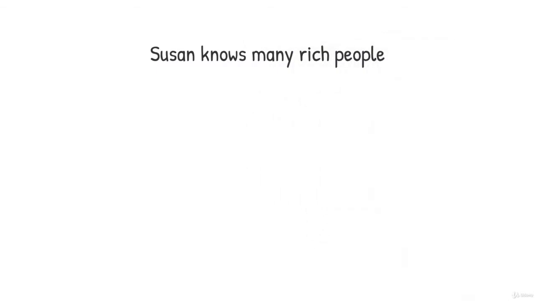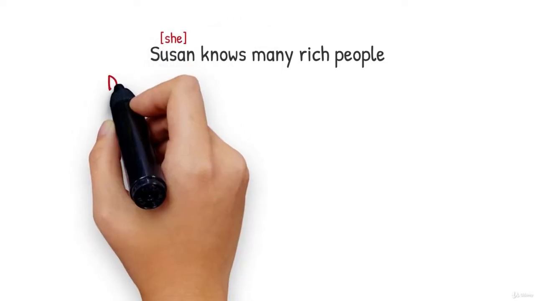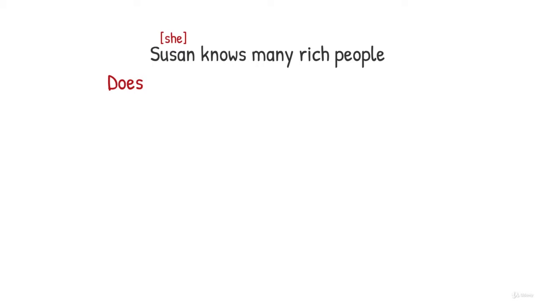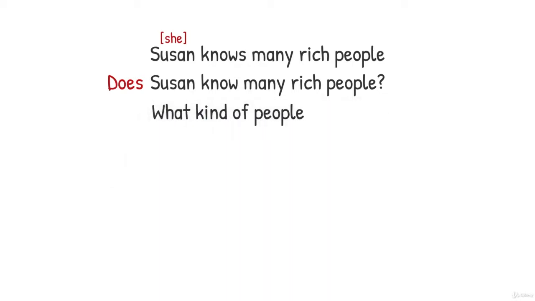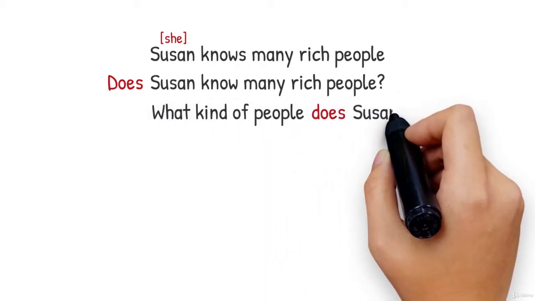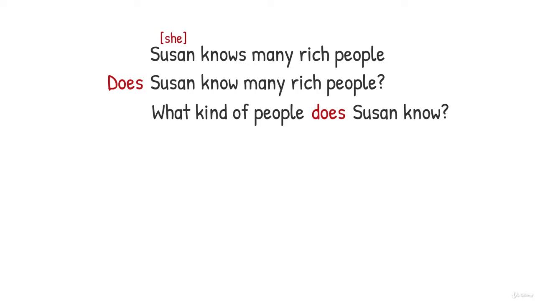Susan knows many rich people. Because Susan is a she, we put does in the question before Susan. Does Susan know many rich people? What kind of people does Susan know?